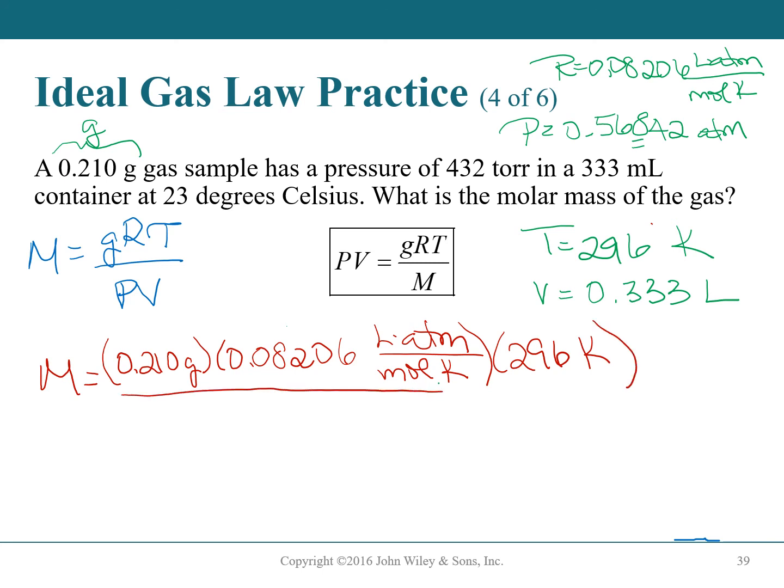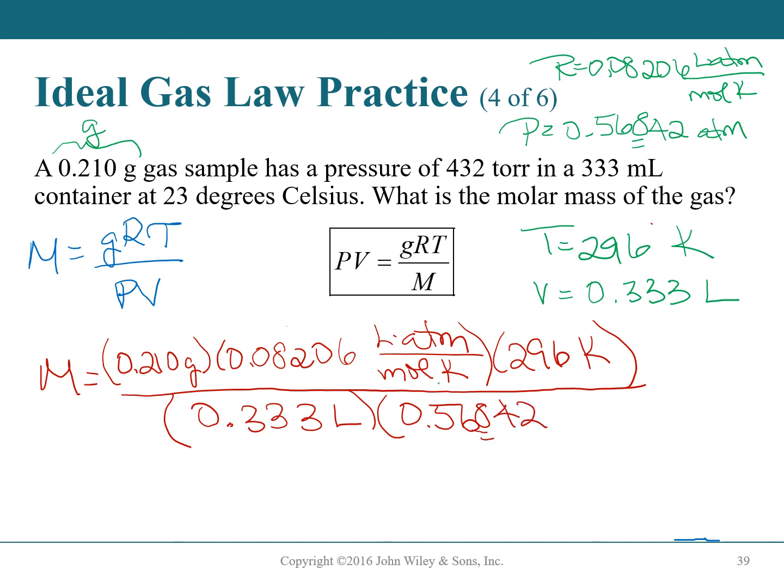All of this is divided by our volume, 0.333 liters, and our pressure, 0.56842 atmospheres. If we calculate it out, let's take a look at our units, because we're talking about how important our units are. I don't have any other grams, so the grams stay here. The liters cancel out. My atmospheres cancel out. My Kelvin cancels out.